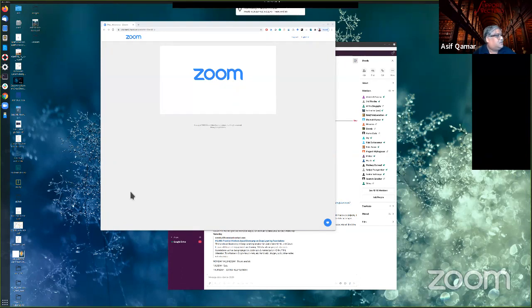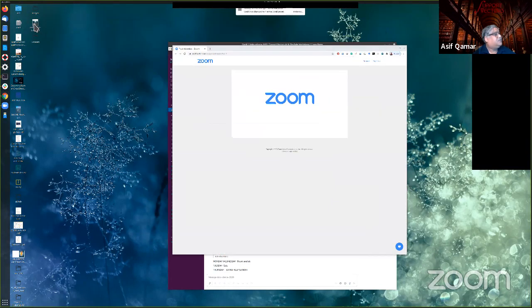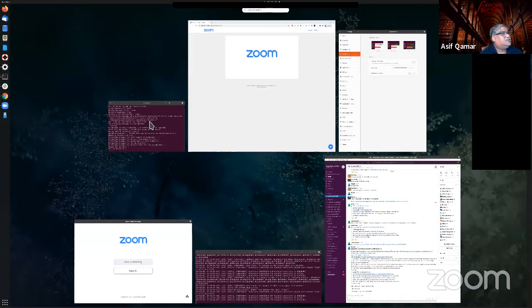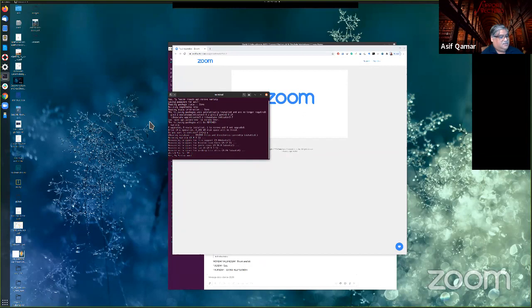Open in the terminal. Okay, my system is not exactly behaving very well. CMD, yes. Sudo, desktop, okay. Much better.